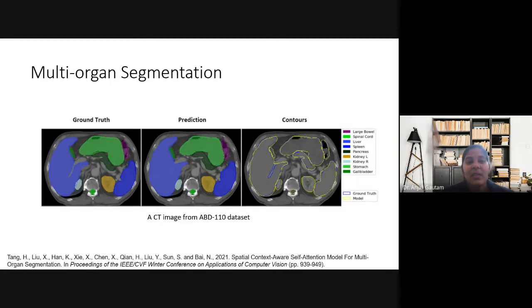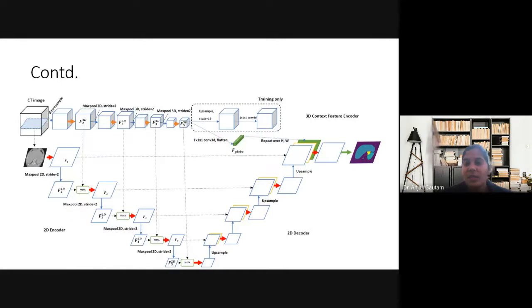On the left-hand side you can see the ground truth information, annotated by doctors or medical experts: this region belongs to the spinal cord, this to the large bowel, this to the stomach, this blue region to the liver, etc. And these are the results the authors obtained using the spatial context of a self-attention model. These are just the contours, the boundaries of the segmented regions. So these are multi-organ segmentation examples.